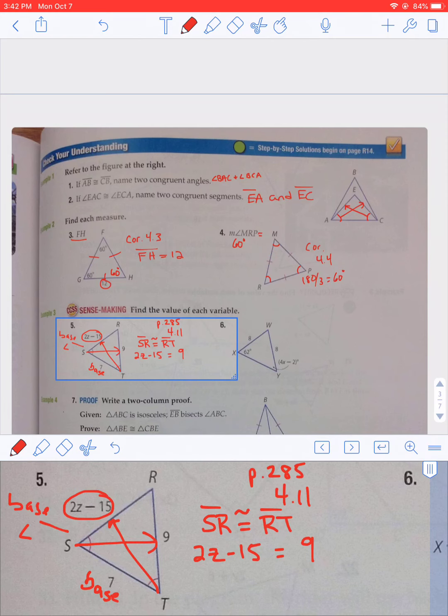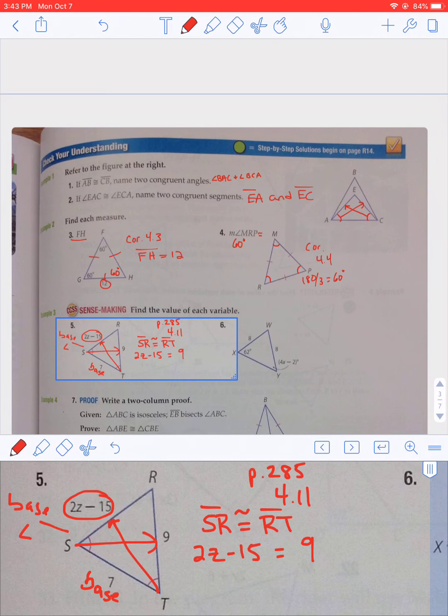So once I find what z is, I'm actually done because it just said in the directions to find the value of each variable. But another way to look at this is both of these sides are equal to 9 ultimately because they are congruent to each other. So that's another way to think about it too, rather than doing this substitution thing.